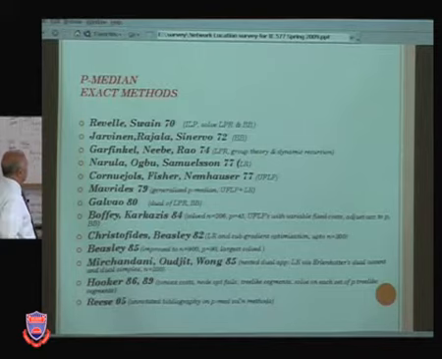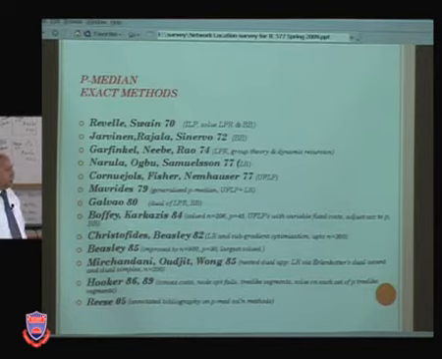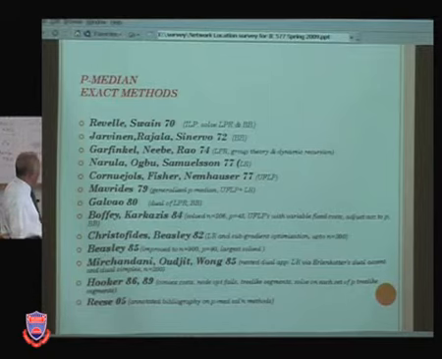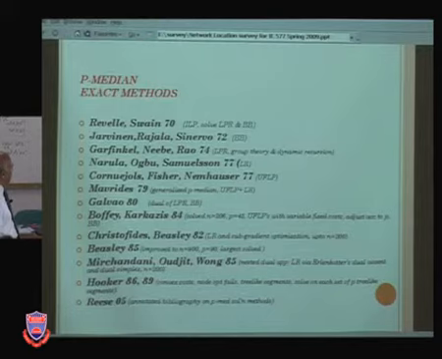They solved the linear programming relaxation with branch and bound. The second one, Jarvinen, Rajala, and Sinervo, again used branch and bound. Garfinkel, Neebe, and Rao used the linear programming relaxation coupled with group theory and dynamic recursion. Narula, Ogbu, and Samuelsson used Lagrangian relaxation.